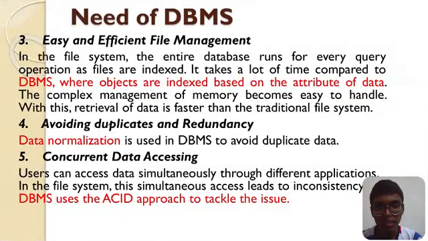The complex management of memory becomes easy to handle, and with this, retrieval of data is faster than the traditional file system. Fourth point is avoiding duplicates and redundancy. Data normalization is used in DBMS to avoid duplicate data.